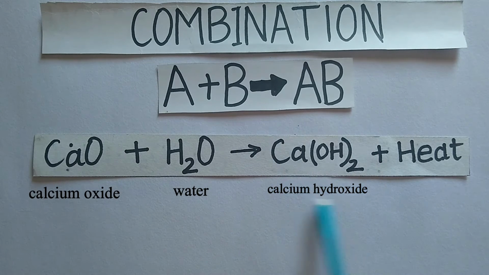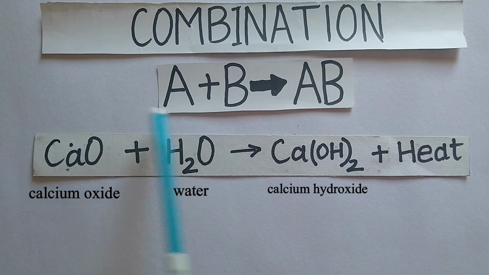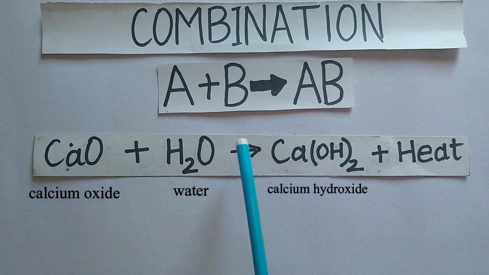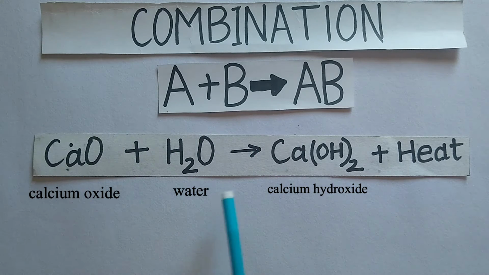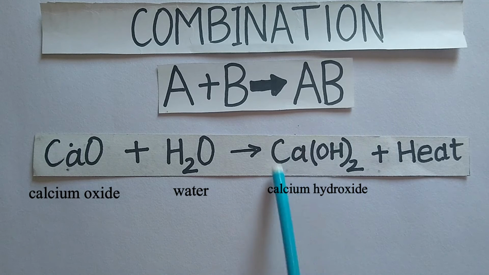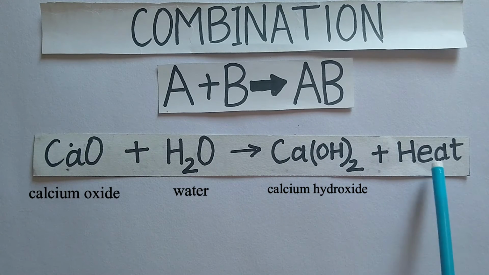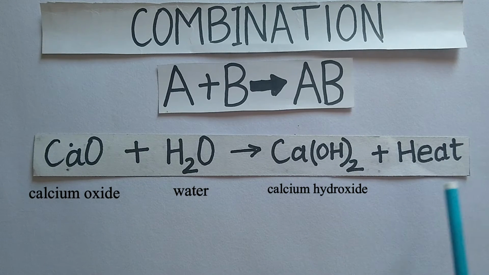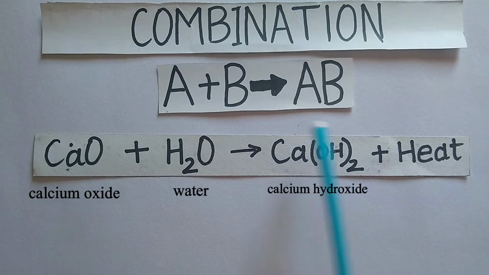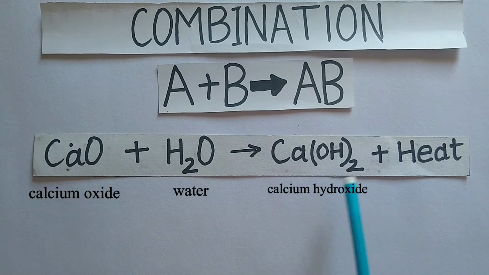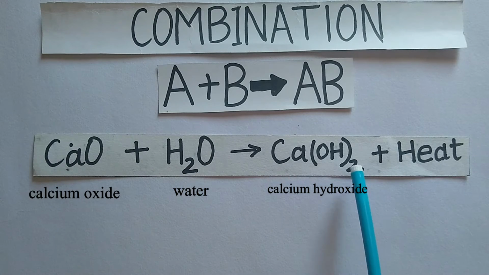The name is calcium hydroxide, plus heat is generated. Now you can observe there are two compounds, or reactants in this case, because they are on your left hand side. These reactants are combining to give you one single product. The heat that is generated will go away, but what remains is your calcium hydroxide. So your quicklime reacts with water to give you calcium hydroxide.